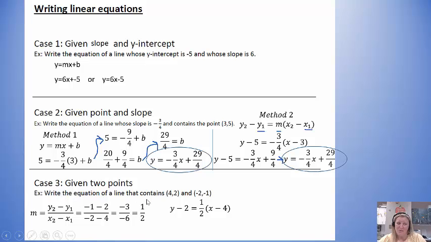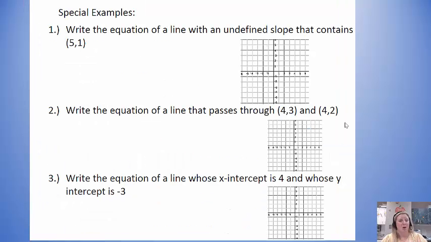It didn't specify what form it had to be written in. So if this was a test question, you could circle it and you'd be done. Let's pretend that the directions said, present your answer in slope-intercept form. So I have to do a little more work. We're going to distribute the 1/2 real quick, and then we're going to add 2 to both sides. No matter which way you do the problem, it's going to look like 1/2x. So in my next video, we'll cover some special examples, and then we'll go ahead and look at some graphs of lines.